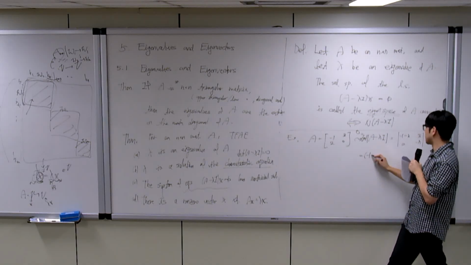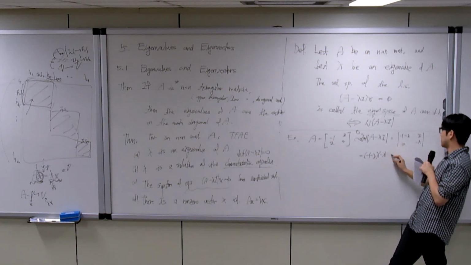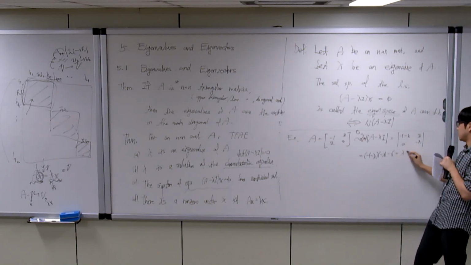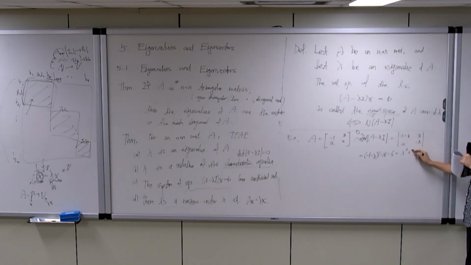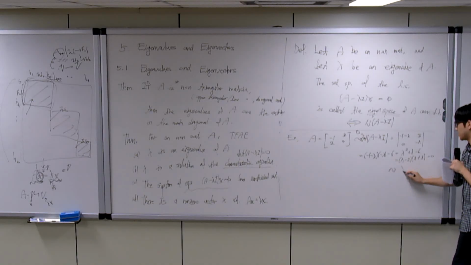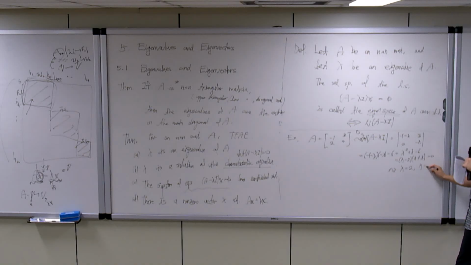It is minus 1 minus lambda, minus 6, then lambda square plus lambda minus 6 is equal to lambda minus 2 times lambda plus 3. So we can obtain the eigenvalues: lambda is equal to 2 and lambda is equal to minus 3.